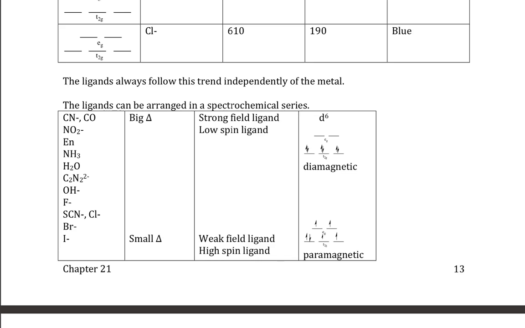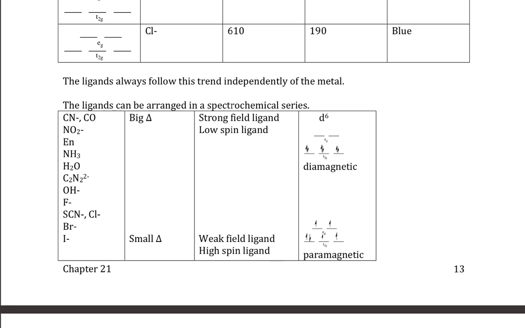If we have it hooked up to a ligand where the gap is big, then when we go to put the electrons in the atomic orbitals, we would put the first 3 in separate t2g atomic orbitals, and then we would pair the other 3 electrons in those same orbitals. And so we would end up with the electron configuration being t2g6, and that would be a diamagnetic compound.